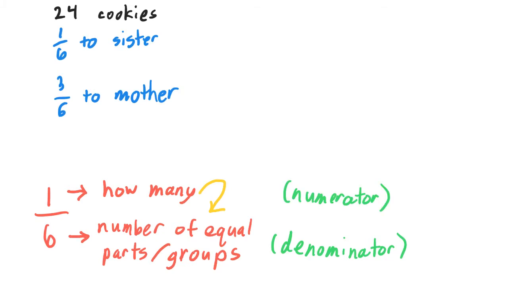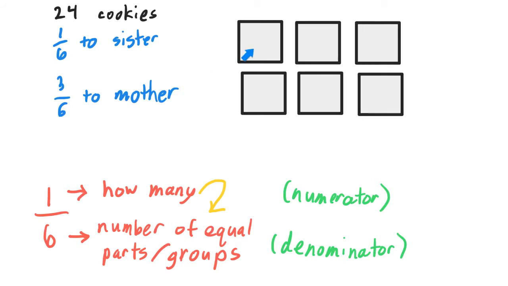So what we need to look at here is 6 equal groups. So I'm going to draw 6 boxes because we have 6 equal groups. And now we need to put 24 cookies into the boxes. And you could do that the slow way by counting one by one.